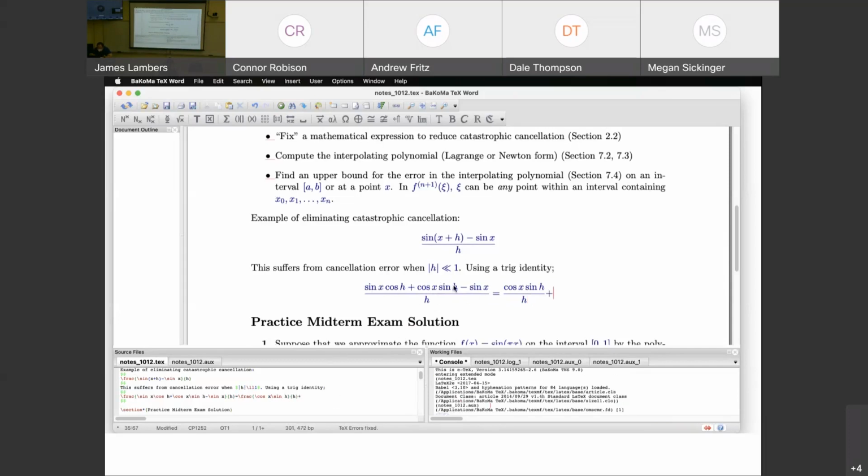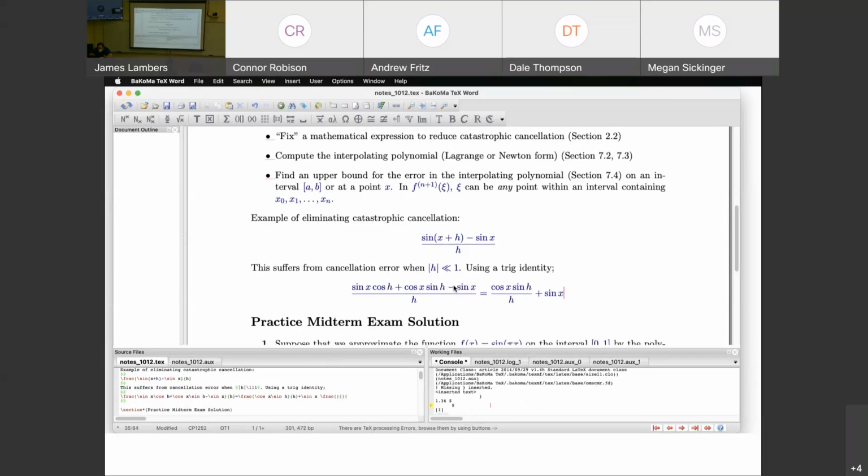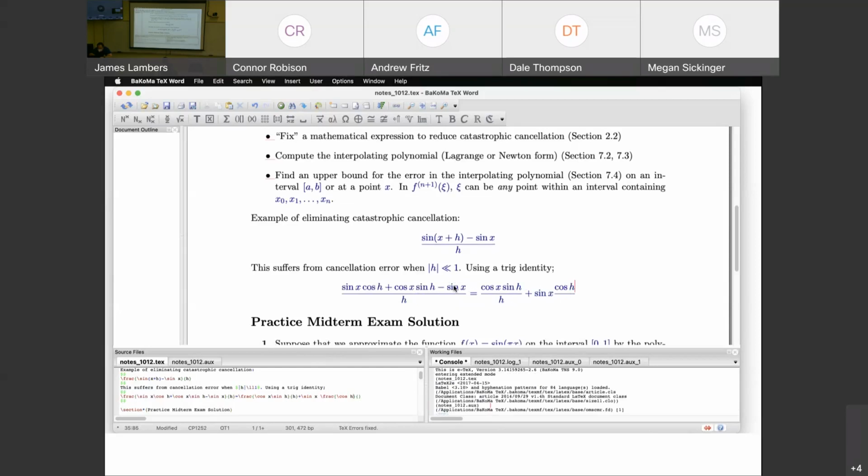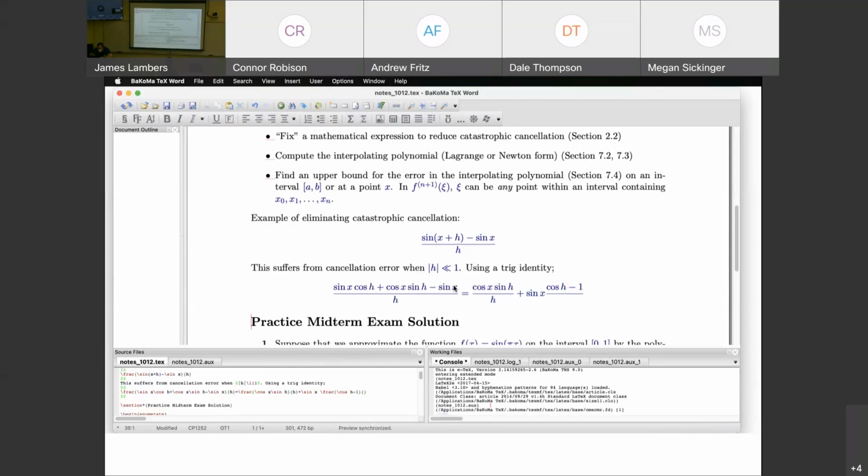So we have sine x as a common factor, and then we have cosine h minus 1 all over h.